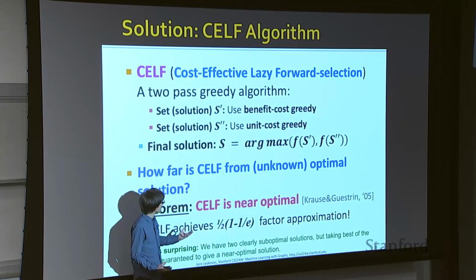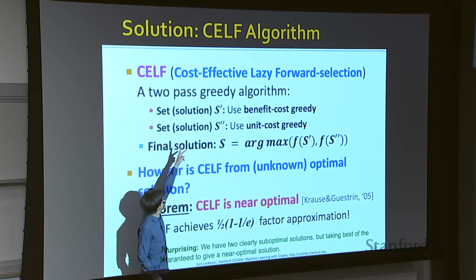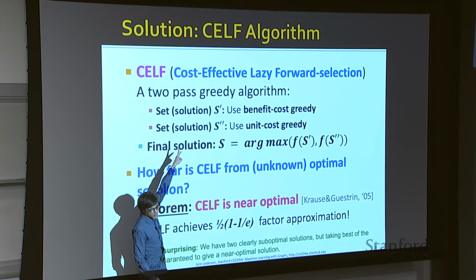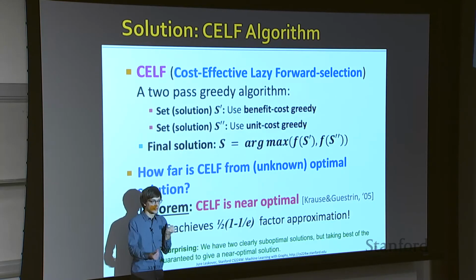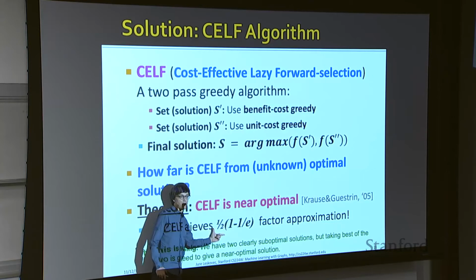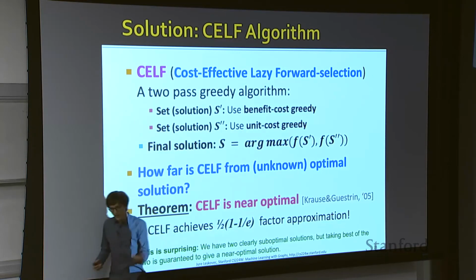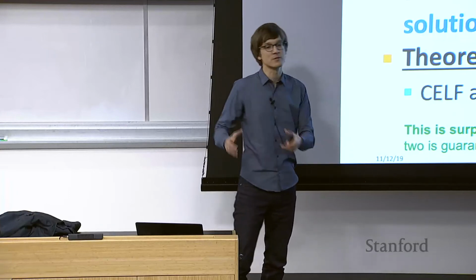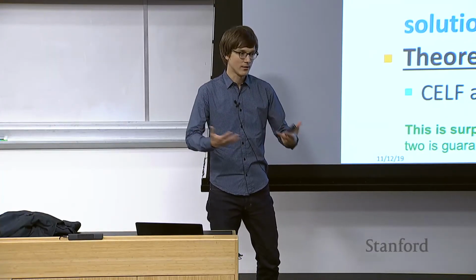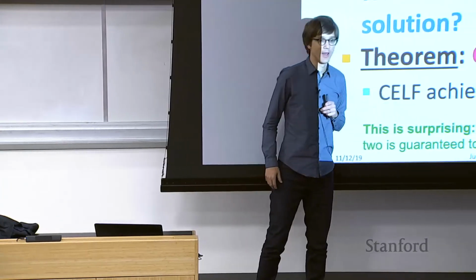Why is this surprising? It's surprising because I use two approaches that can each fail arbitrarily badly, but if I take the better of the two, then I have an optimality guarantee. It means that when one fails, the other one does well, and when the other one fails, the first one does well. So together, they actually work quite well.